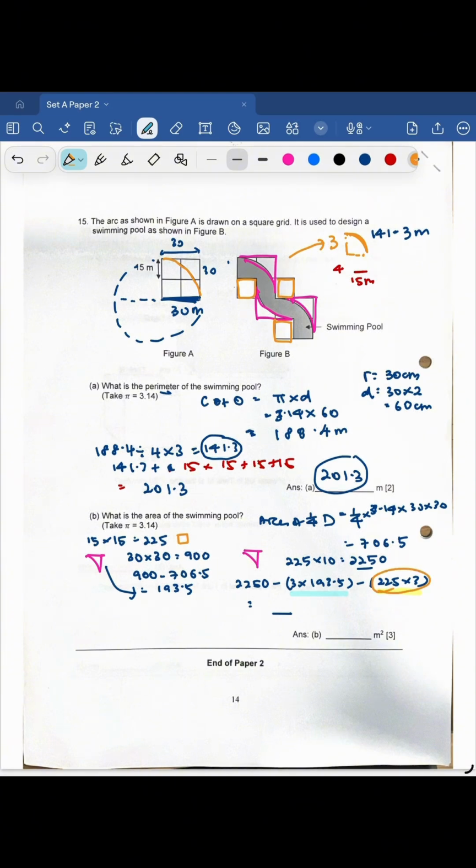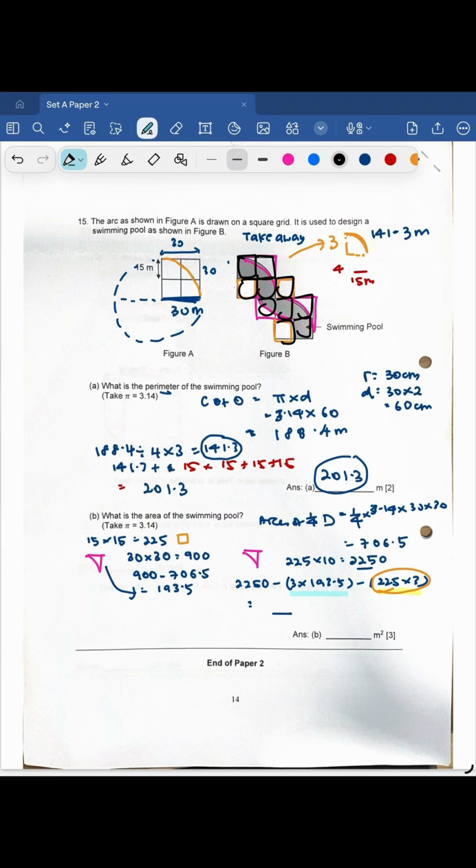But how am I going to do it? So today, the strategy that we are going to use is take away. Take away, meaning I am going to find the total number of squares in this figure. If I do the counting, I will have 1, 2, 3, 4, 5, 6, 7, 8, 9, 10.